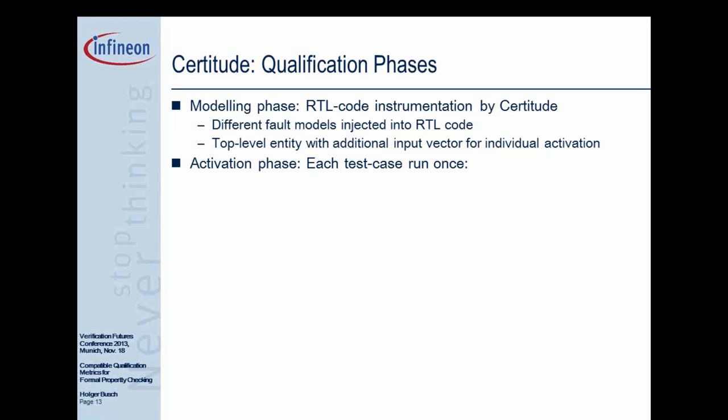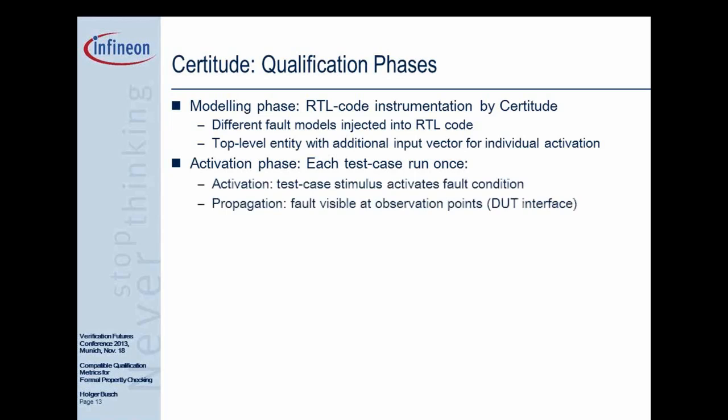So there's some optimization in this, some heuristics implemented in Certitude, where an activation phase is run. The modeling phase is the instrumentation of the RTL code. In the activation phase, the test cases just run once, and some coverage information is extracted, which gives Certitude a hint as to which test cases to select in order to detect which fault.